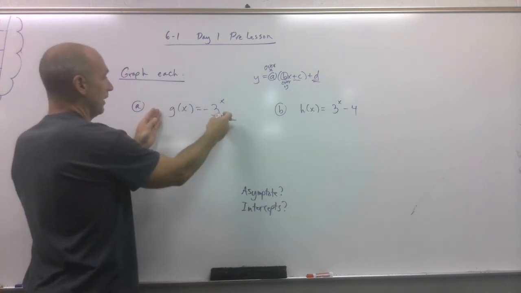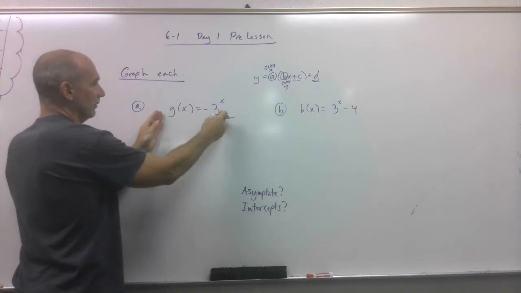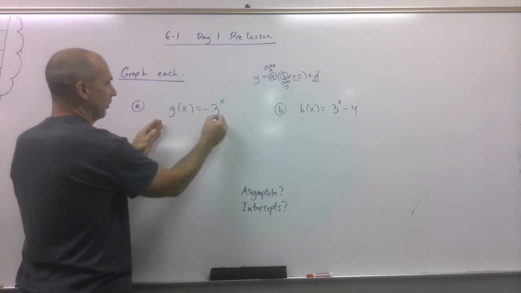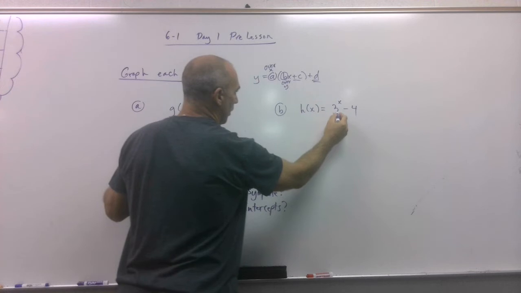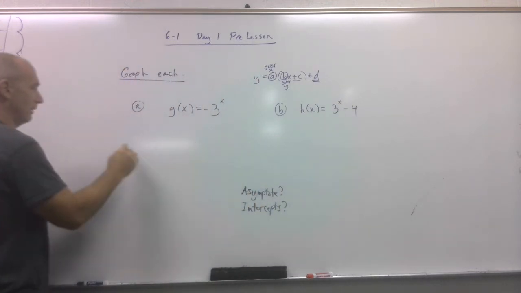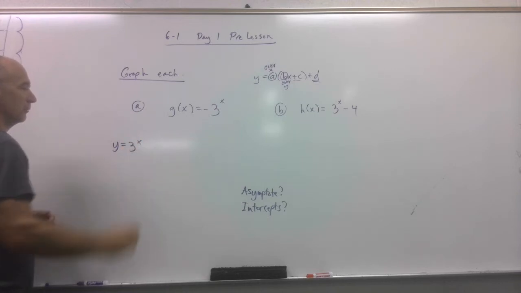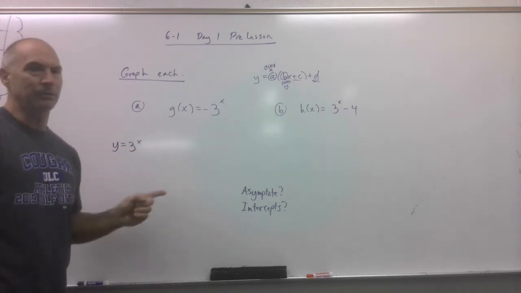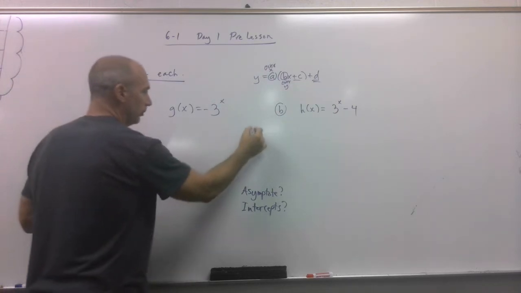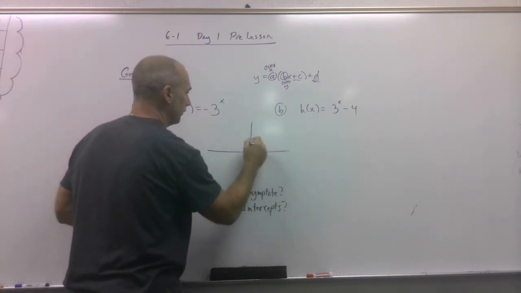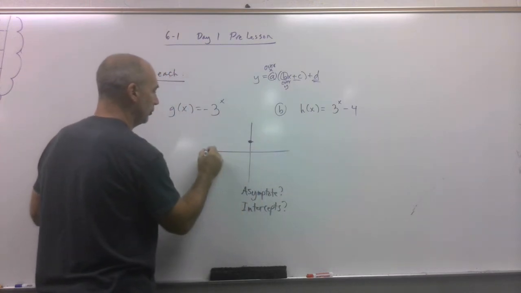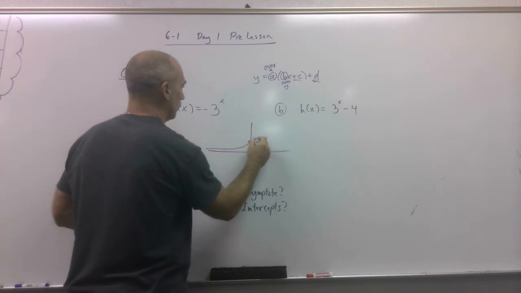Now, it says graph this. Well, what you have to think is, notice this has a 3 to the x power. So technically, they're saying, let your parent function be this. You're like, well, I don't know what that looks like. Yes, you do. Remember, (0, 1) is our go-to, and it kind of goes like that.